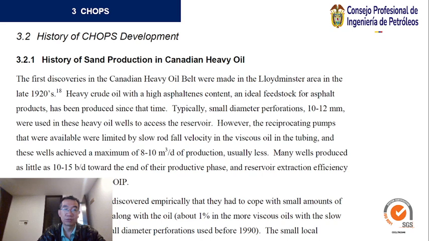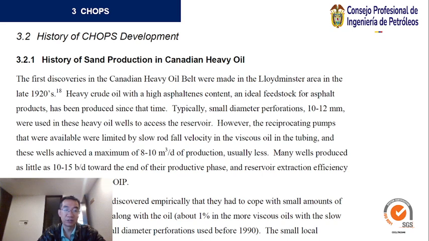Many wells produced as little as 10 to 15 barrels per day towards the end of their productive phase, and reservoir extraction efficiency seldom exceeded 5 to 8% of OOIP.